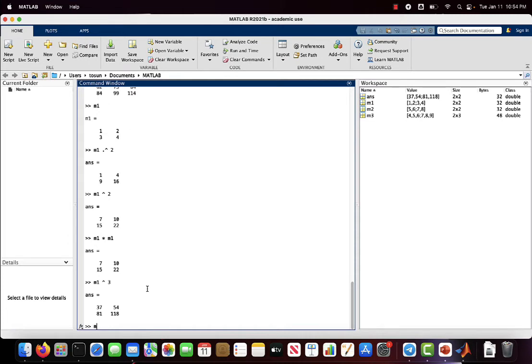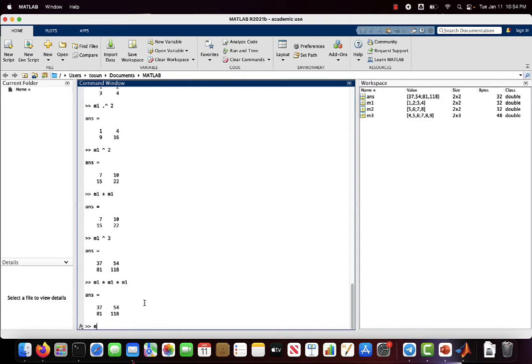That will mean M1 times M1 times M1. The results will be the same because they are the same things. This is matrix exponentiation, which means multiplying M1 3 times.